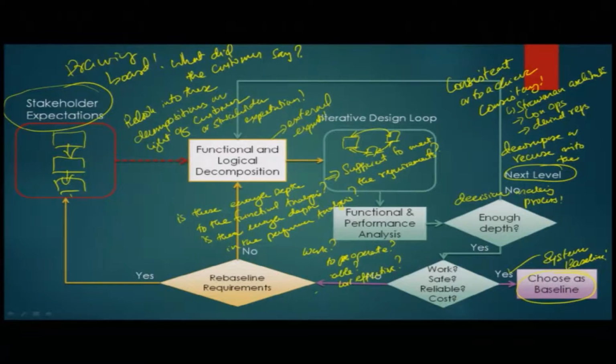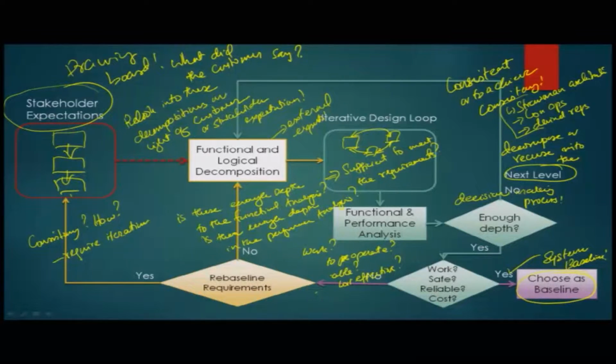All these three, there should be consistency among them. And how do you reach this consistency? You require iterations, means you need to repeat the process and you need to make decisions.